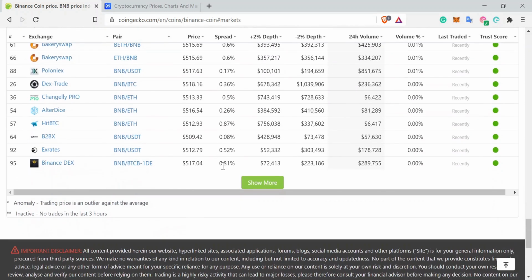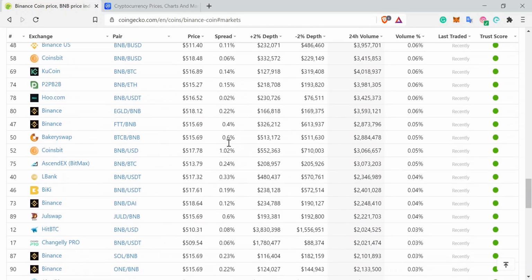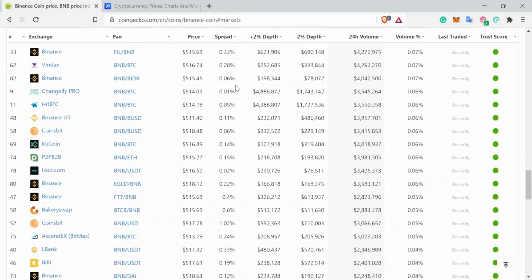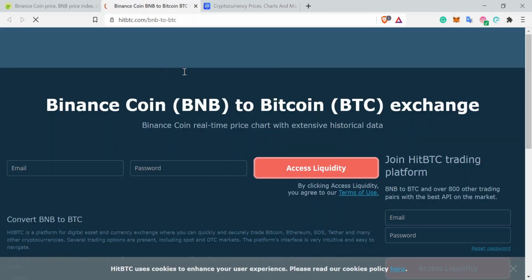Okay, then we've got this here as well. So this is the lowest liquidity exchange at the moment, 0.31%. Okay, so it's always worth just checking to see what the liquidity is like, and also noticing where you are. So for example, if you wanted to trade BNB against BTC, you can actually click on that and it will take you to the exchange, so you can actually trade it.